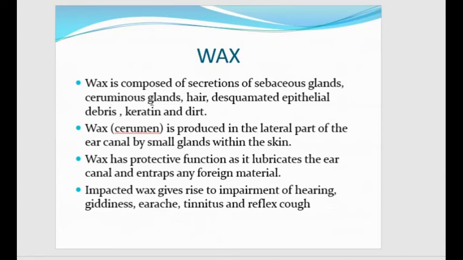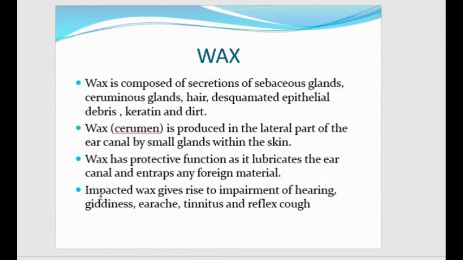Together with this product, this secretion, we have the hair, desquamated epithelial debris, keratin, and dirty material that enters the external ear. The wax is produced in the lateral part of the ear canal by small glands within the skin. Wax has a protective function as it lubricates the ear canal and entraps any foreign material.